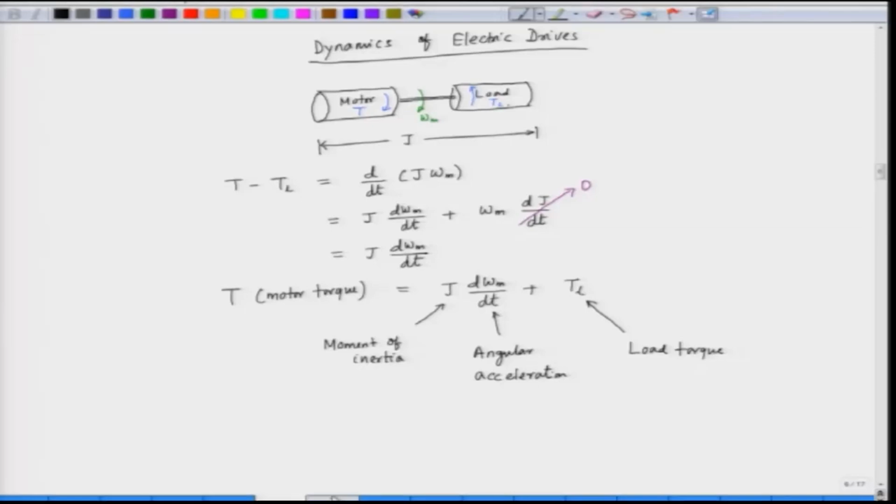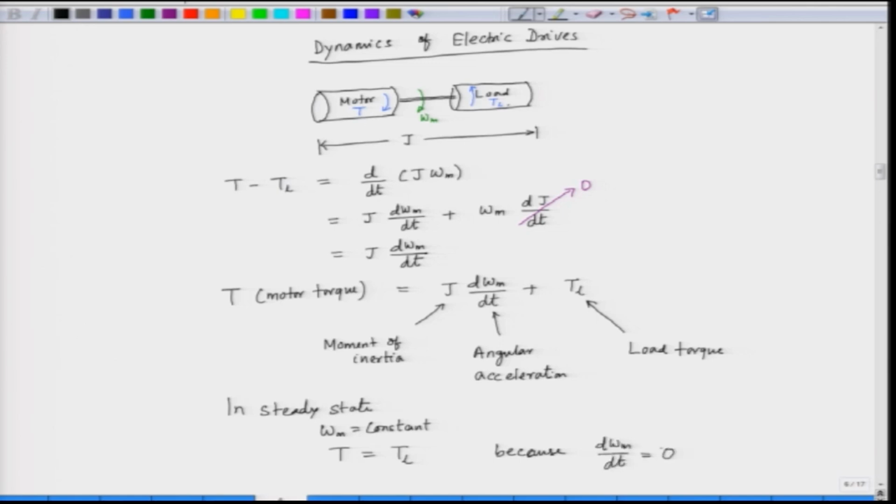Now, what happens in the steady state? Usually omega m is constant, the speed is constant. Now, if speed is constant, we can say that T is equal to TL, because d omega m by dt is equal to 0.